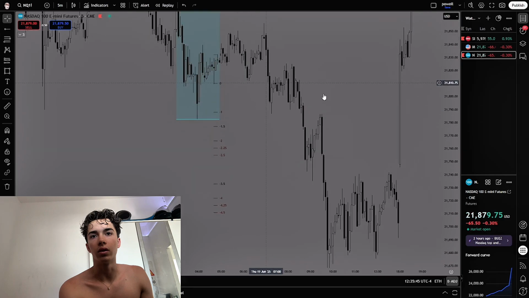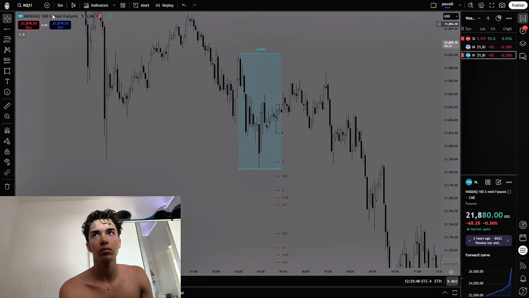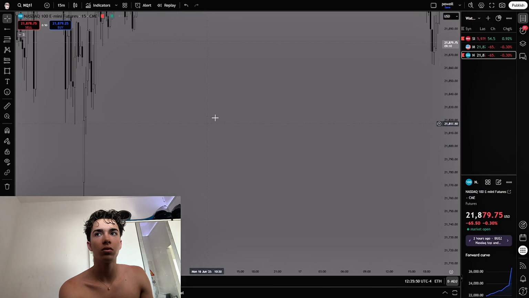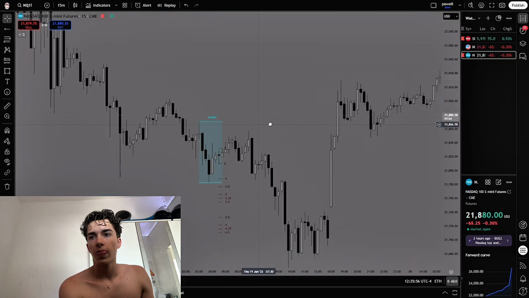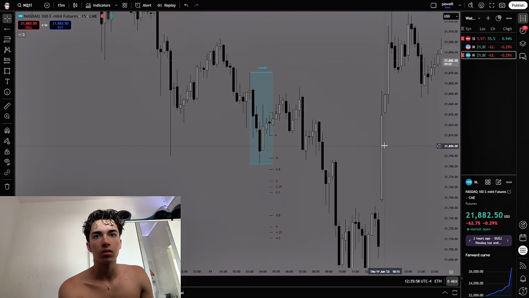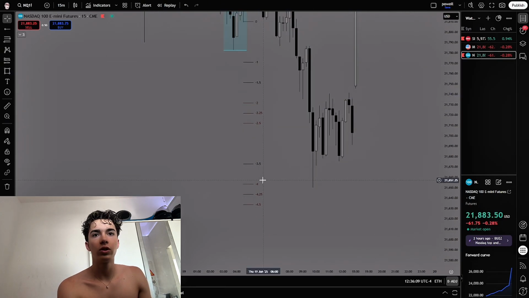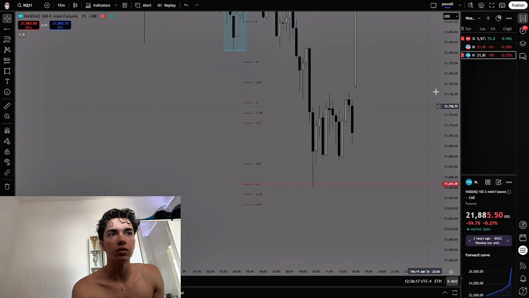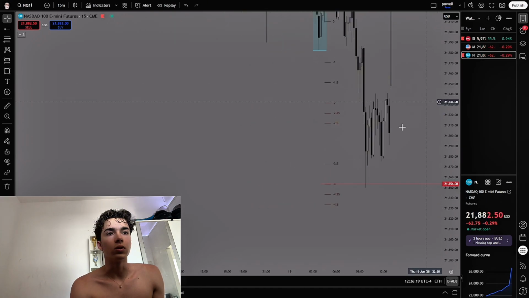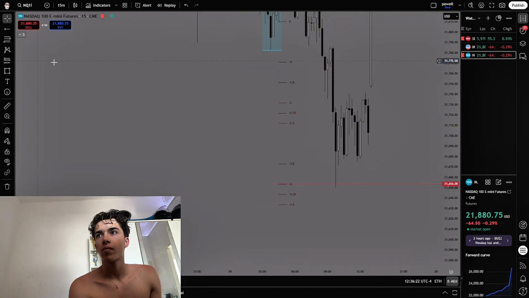Not so clear, but let's see first on the 15 minute. Okay, yeah, maybe the best was like this. Perfect. So we see that we touch the -4 level, but we can't enter off this, because we don't have any engineered liquidity.